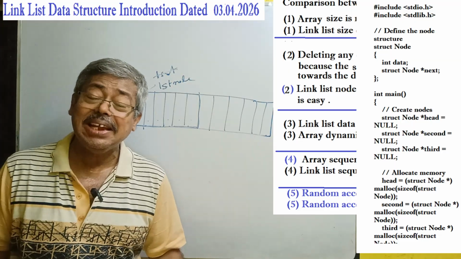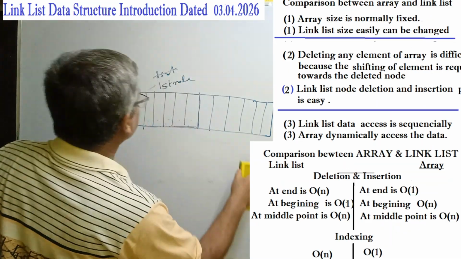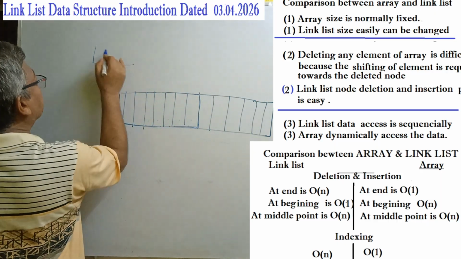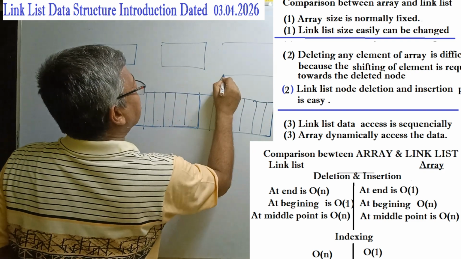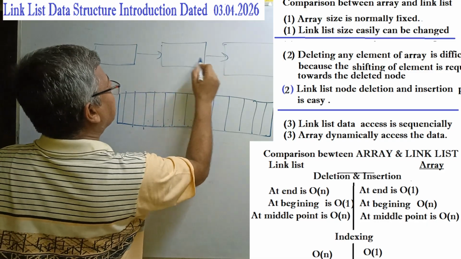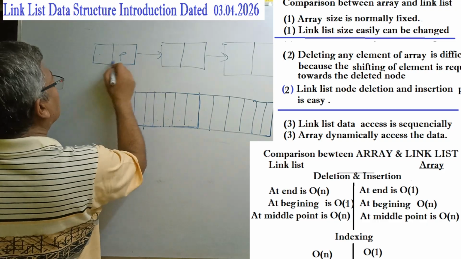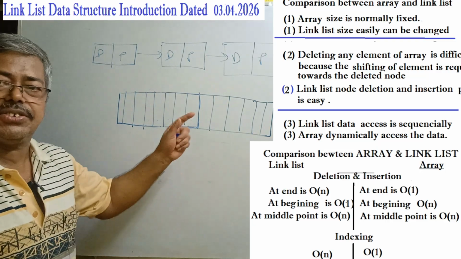But in case of the linked list, for the data searching procedure, suppose these are 3 nodes: first node, second node, third node. This is the data, this is the pointer, data and pointer representing this.